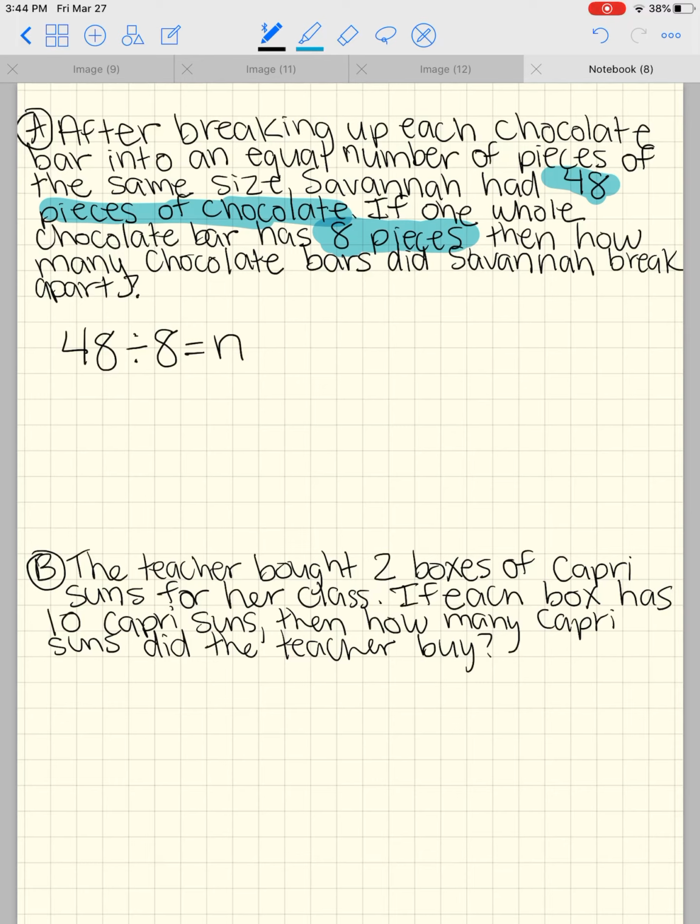So I want to use the equal group strategy to figure out my missing quotient, my missing number of chocolate bars. So I'm going to be dividing out 48 pieces of chocolate into 8 groups.